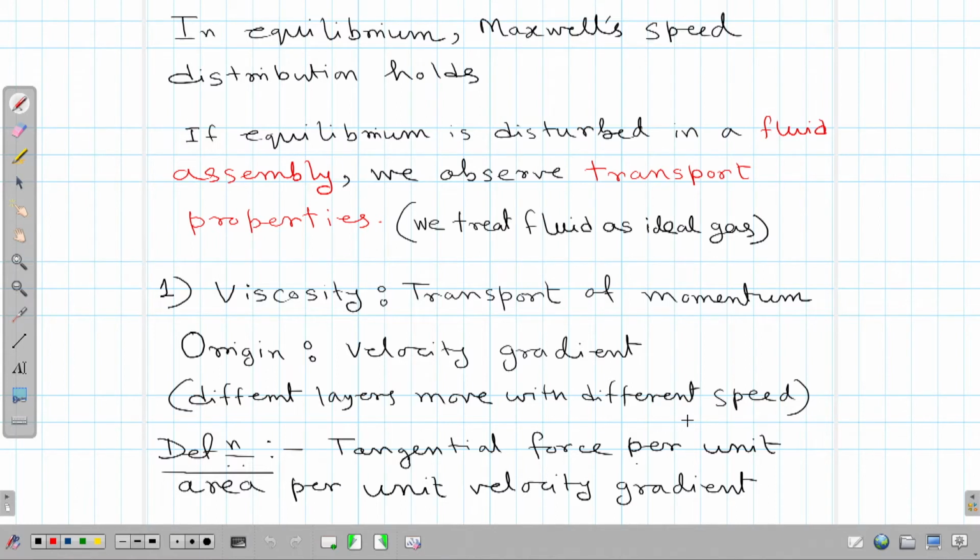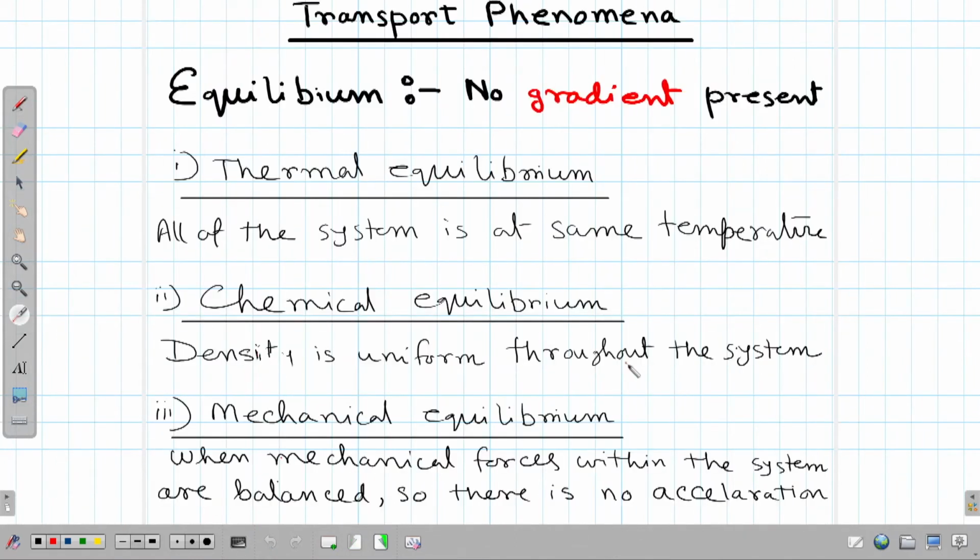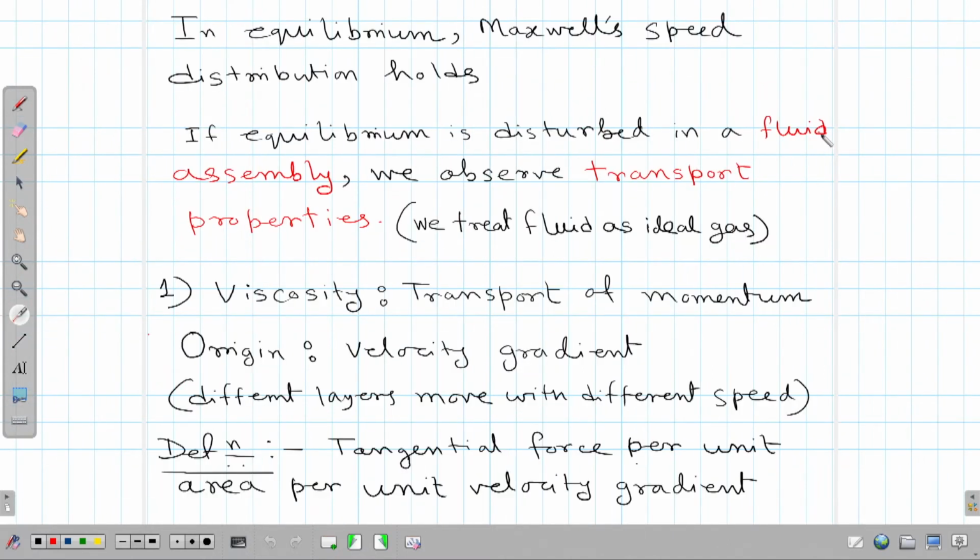Okay. So, for viscosity, which once again is a transport of momentum, the origin of this viscosity, as I have said already, you go back to the definition of equilibrium. It is not exactly the definition of equilibrium, but it is a condition that when equilibrium exists, there is no gradient present. So, whenever there is a gradient, equilibrium is being disturbed, and we have one of these three transport properties.